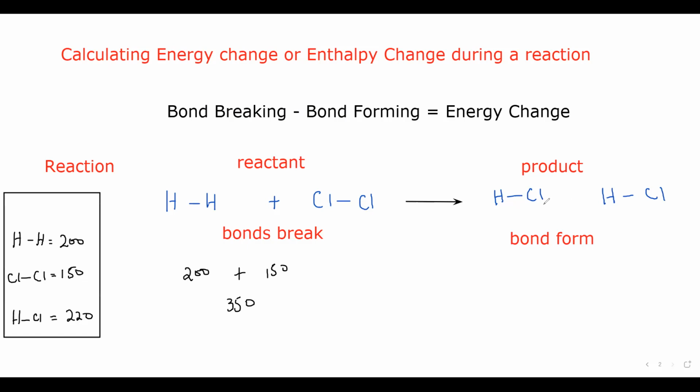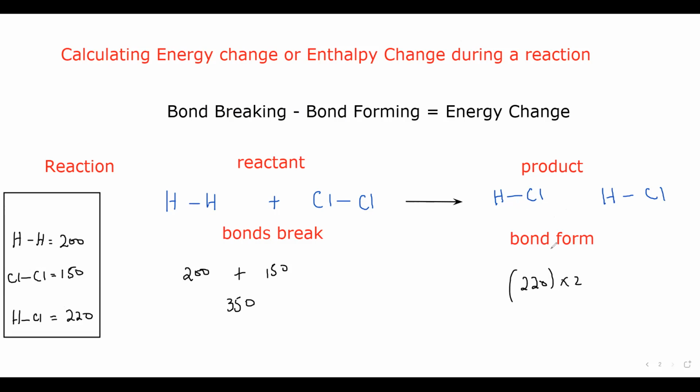What about the bond forming? Each H-Cl bond is 220. So this is 220 and this is also 220. So I can say 220 plus 220, or I can write 220 multiplied by 2.